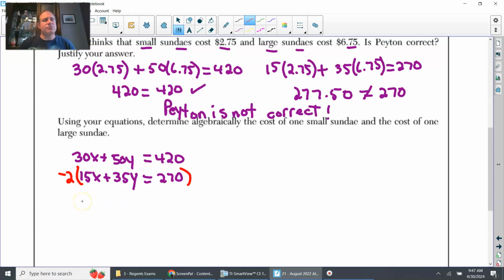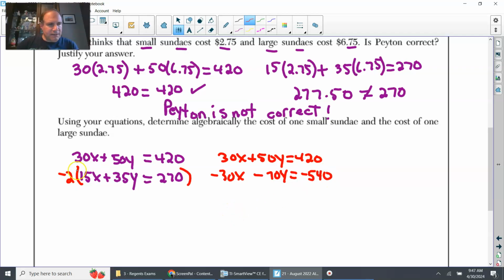If you multiply by -2, that becomes -30x, and that's exactly what you want. So I'm going to rewrite 30x plus 50y equals 420. That's just rewriting the first one. Then I'm going to do the distributive property here, which gives -30x minus 70y equals -540. All I did was distributive property to get those numbers.